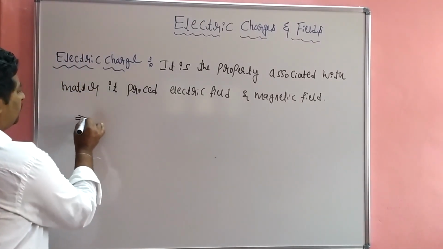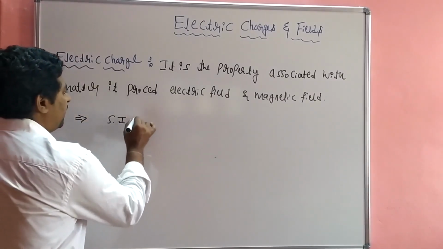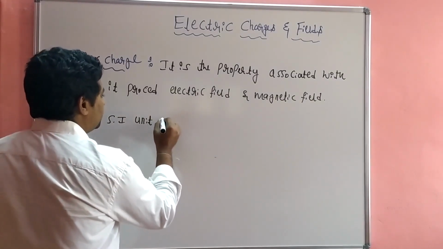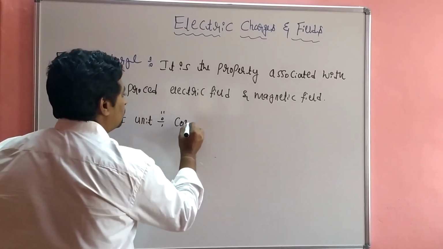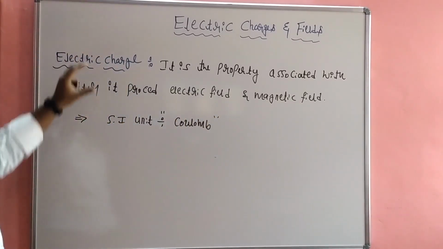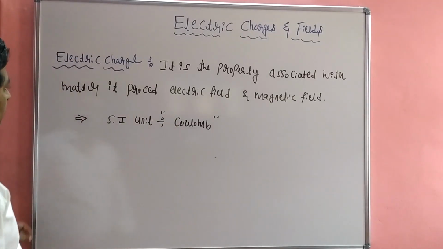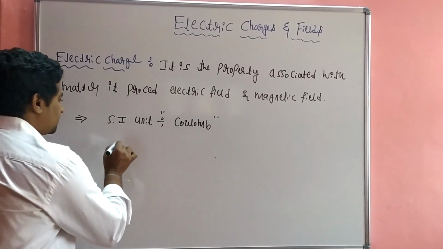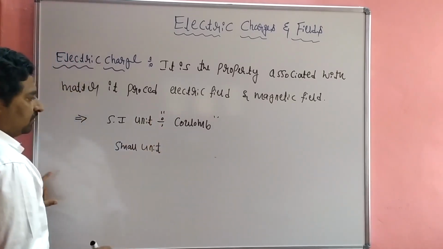Now the SI unit of electric charge is the coulomb, because the great scientist who introduced the concept of electrostatics, the name indicates itself. Also many small units are there, and conversions.